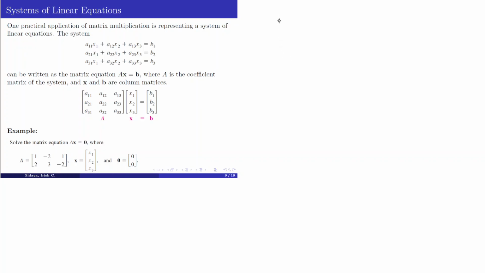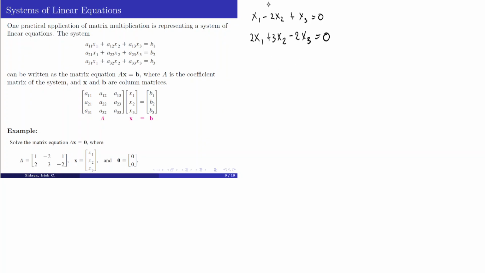So as a system of linear equations, this matrix equation Ax equals 0 can be written as x sub 1 minus 2x sub 2 plus x sub 3 equals 0, and 2x sub 1 plus 3x sub 2 minus 2x sub 3 equals 0.